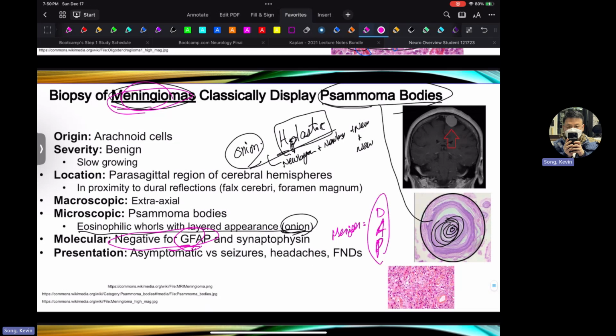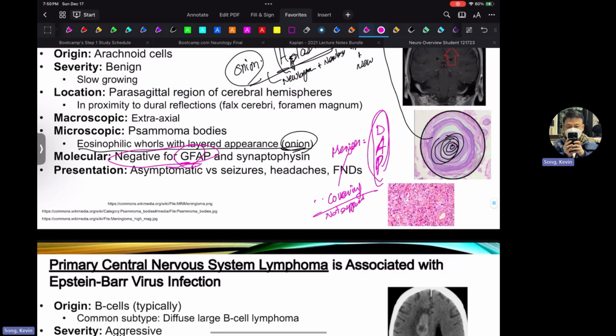Are these something supporting the neurons in the brain? No, they are not. They are just covering, because only covering, right? So they're not supporting cells. Not supporting cells means not glial cells. Glial cells means supporting cells. Not glial cells, then no GFAP.